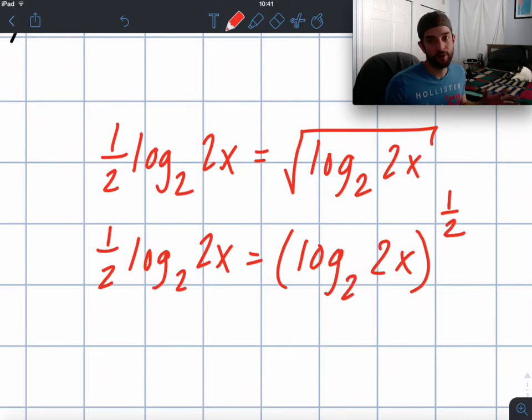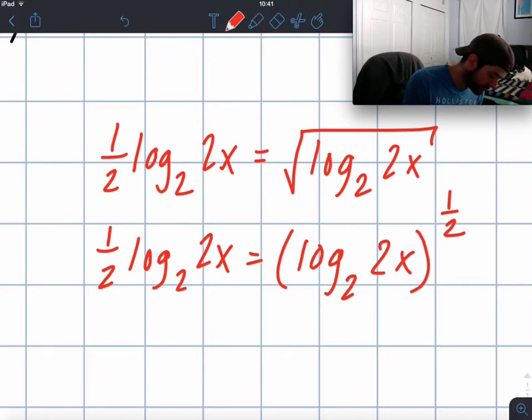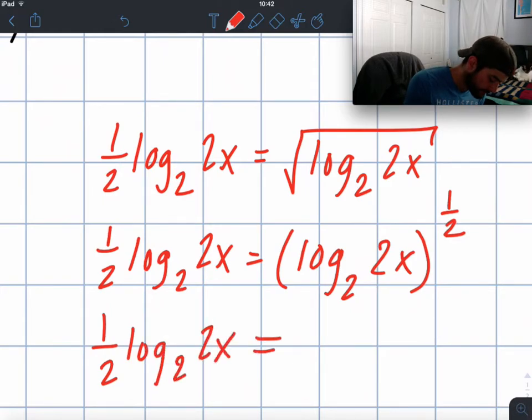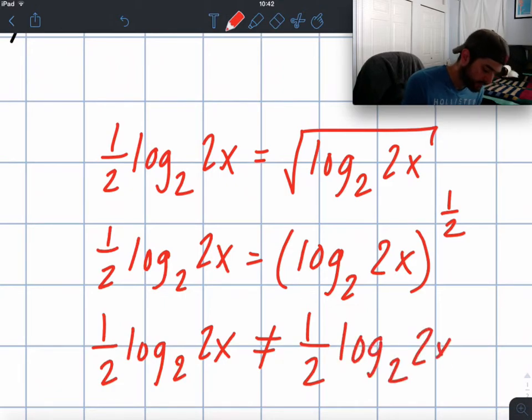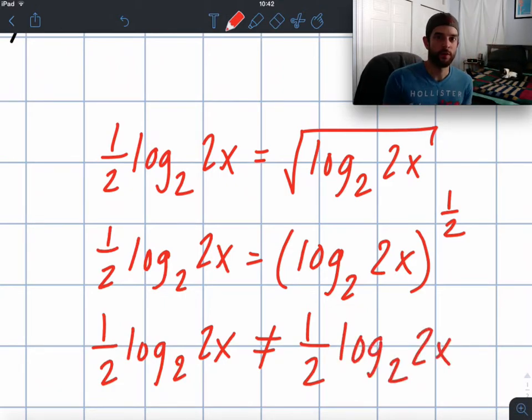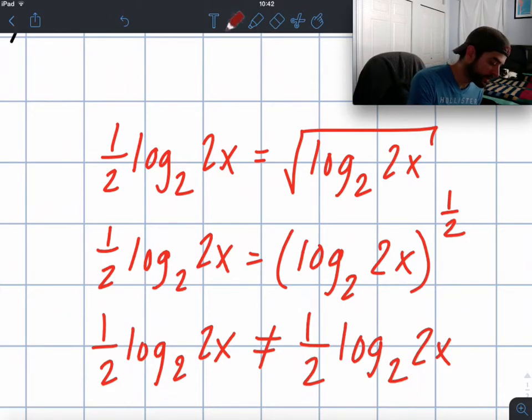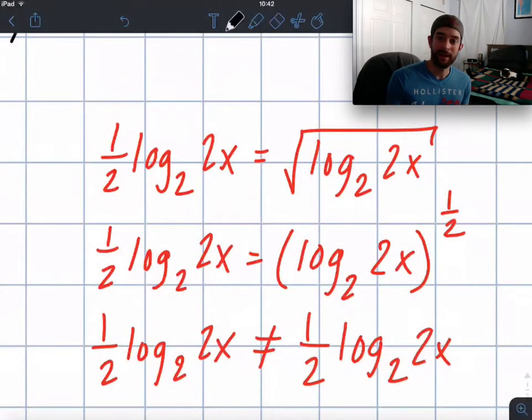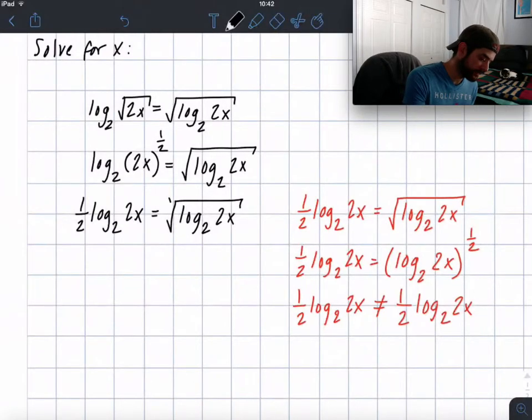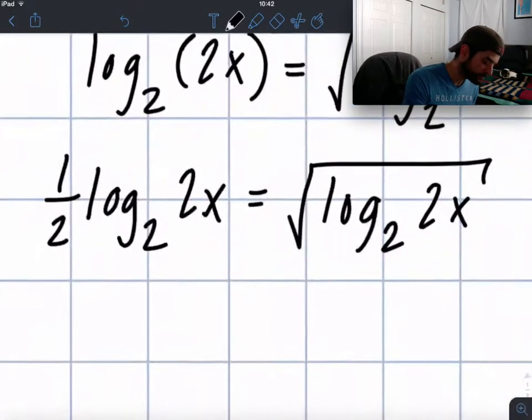So that 1/2 power would have to stay. So, unfortunately, you cannot bring that down in the same manner that you could for the left-hand side. So I wanted to address why I didn't and why I absolutely can't. So now back to the actual problem.